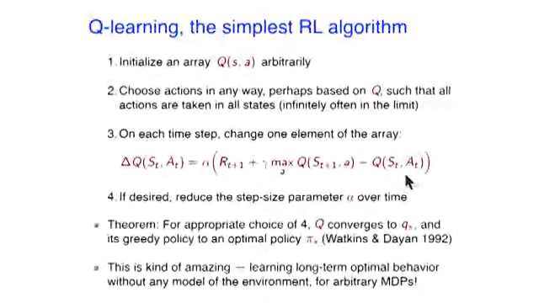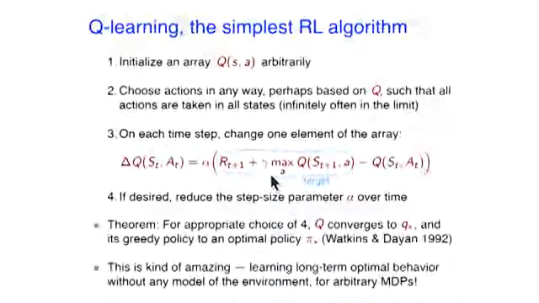The error measure is the difference between our original estimate and this thing. This thing is like a target. It is the first reward, and then we look at the next state we're in and take the best action according to our estimates at that state. How good is the best action according to our estimates at the new state?